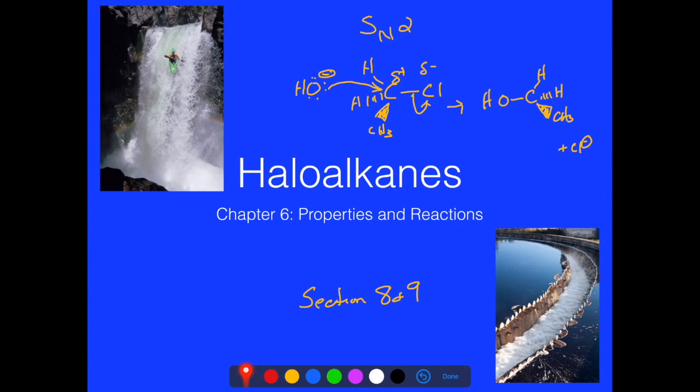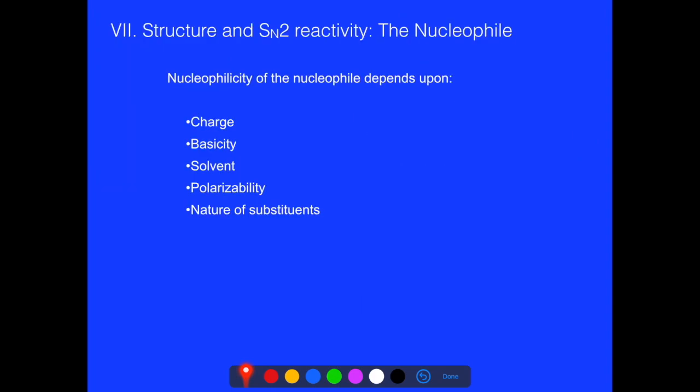Also, bimolecular means this is second order: the concentrations of the OH and the substrate are both important for this reaction. So this is the SN2 mechanism. We're spending the whole chapter studying it, and it's one of our first in-depth mechanisms.